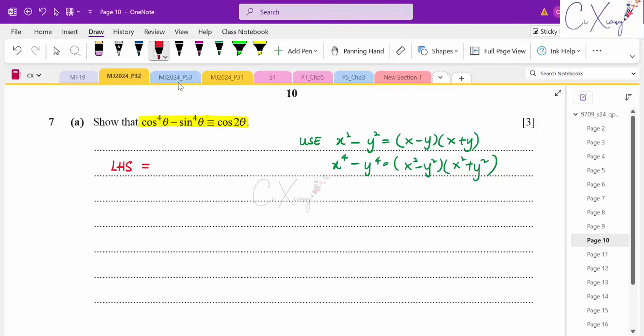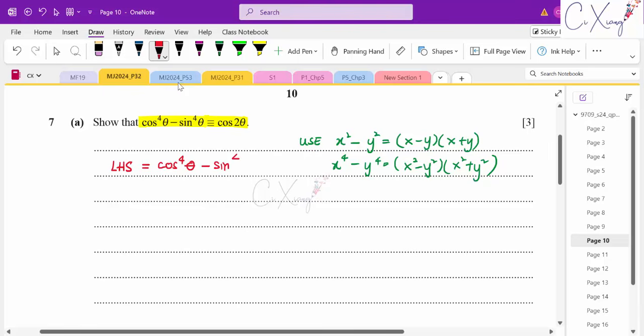Okay, so let's have a look for the left hand side first. So cos power 4 minus sine power 4. Okay, so I will be having x squared, which is cos squared, minus y squared, which is sine squared, then x squared, cos squared, plus y squared, sine squared.